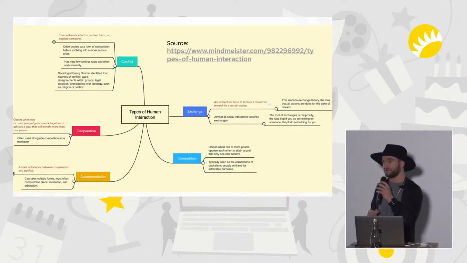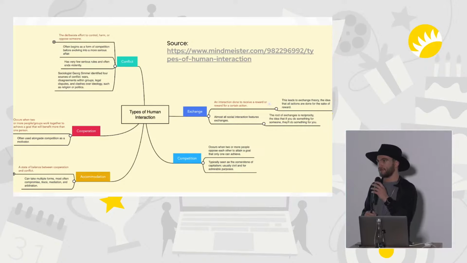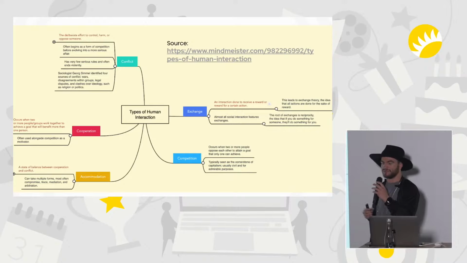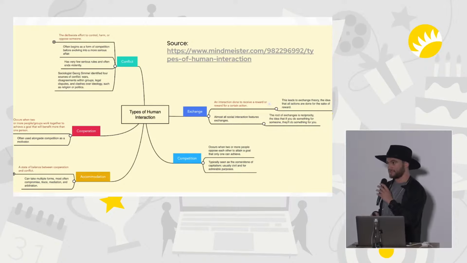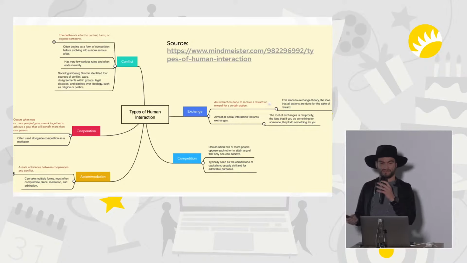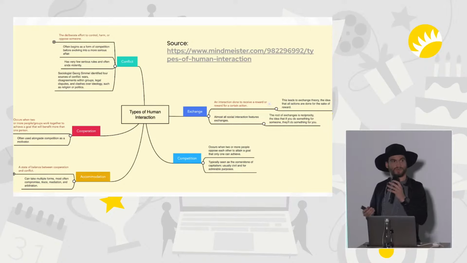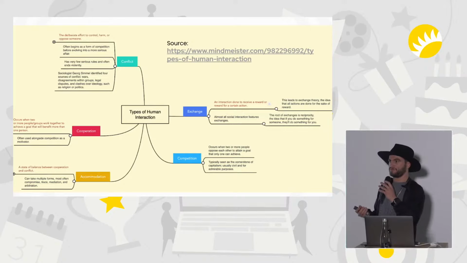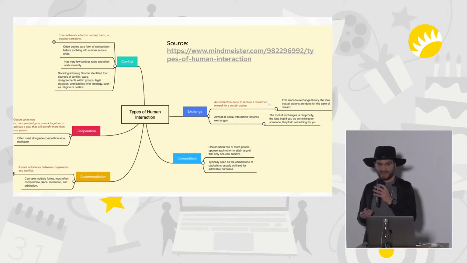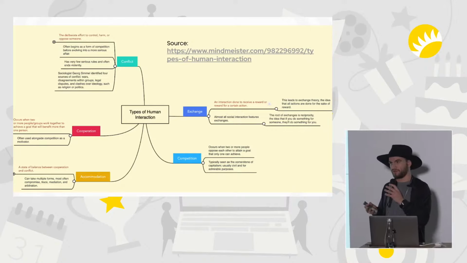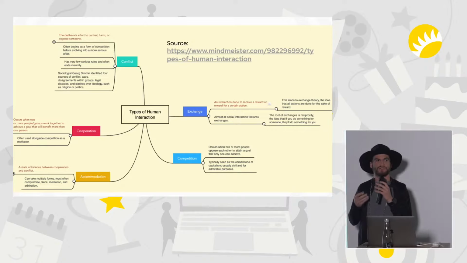So for example, a conflict, a hidden conflict, or a competition that seems to be cooperation, or just accommodation, where people would rather avoid cooperation because they're happy with the way they function in an environment, and they don't want to have either conflicts or real cooperation that is effortful.